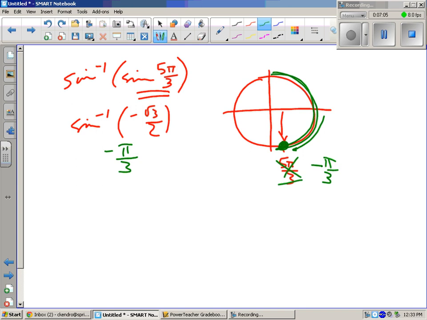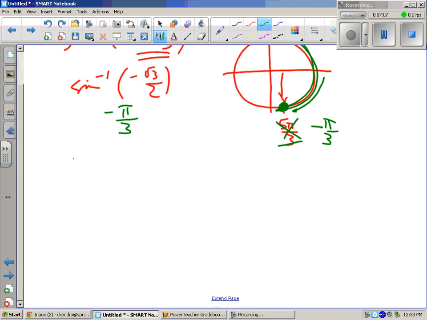Let's try another one. Let's look at inverse cosine of 0.6, and then I want to take the cosine of that. All right, well, inverse cosine of 0.6, what angle is that?